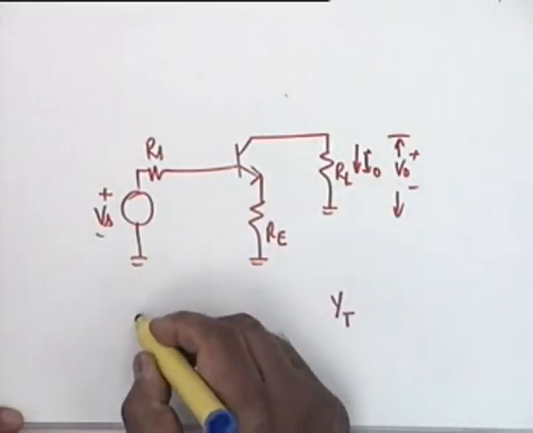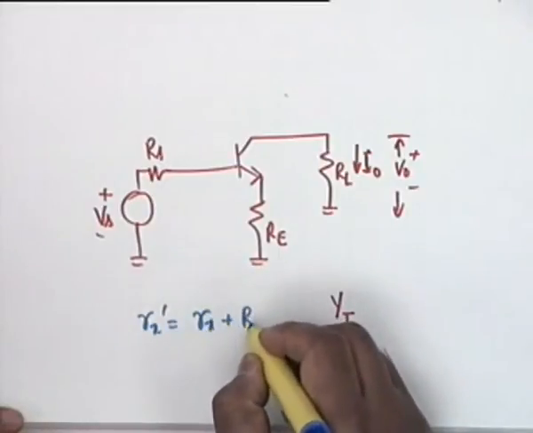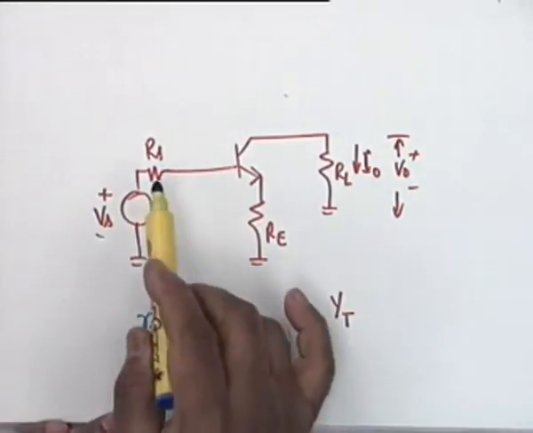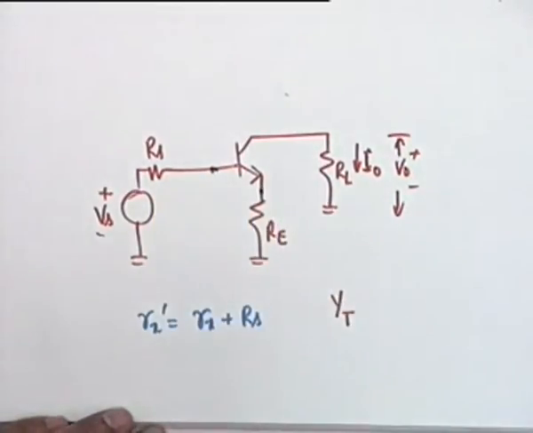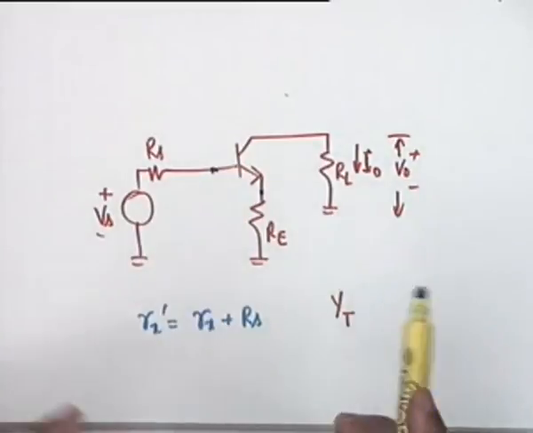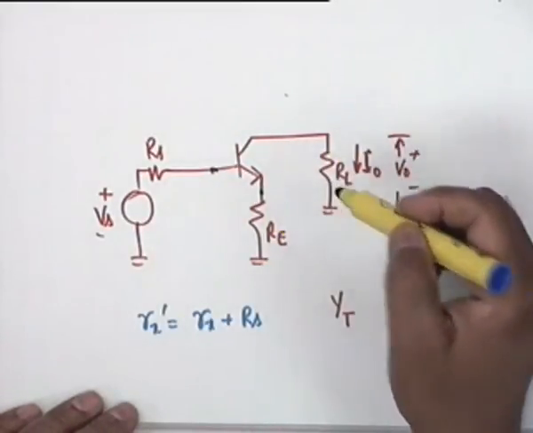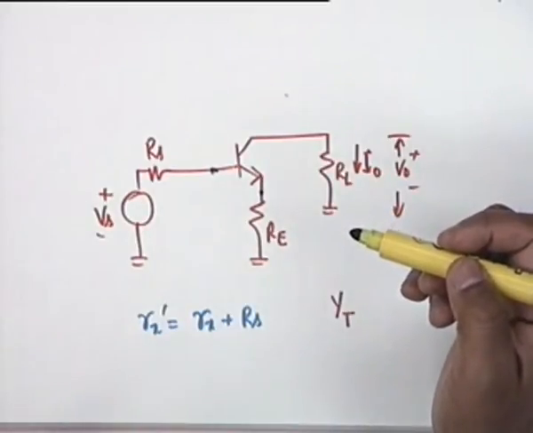So let us call Rx prime as Rx plus Rs. Then you can mentally see the equivalent circuit. We shall have an Rx prime, then between this point and this point a Z pi, the parallel combination of R pi and C pi, then RE, and we shall have GMV, RL and the inevitable C mu.